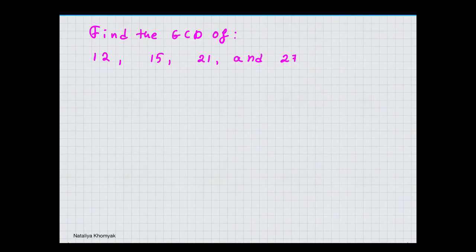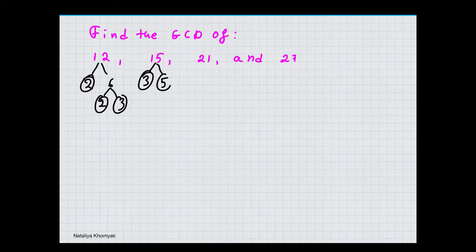Let's find GCD of 12, 15, 21, and 27. So the first thing to do is factor. 12 is a 2 times 6. 2 is a prime. 6 is 2 times 3. We're done with this. 15 is 3 times 5.